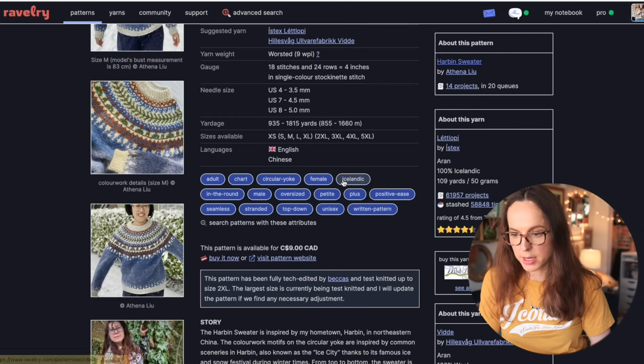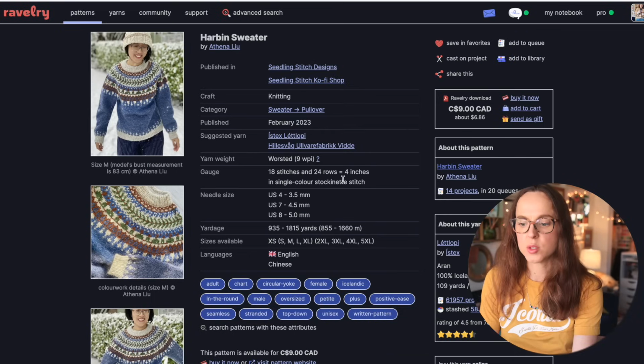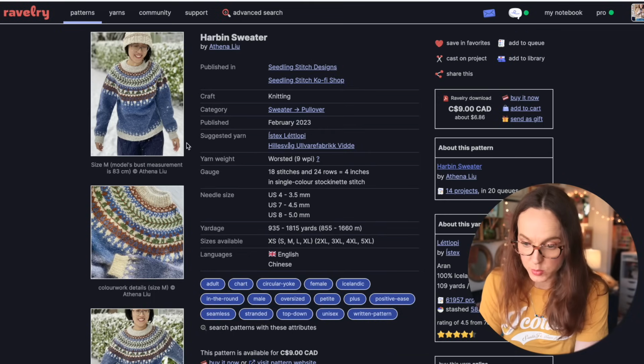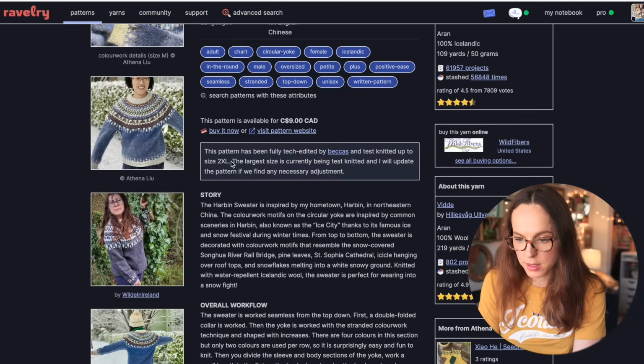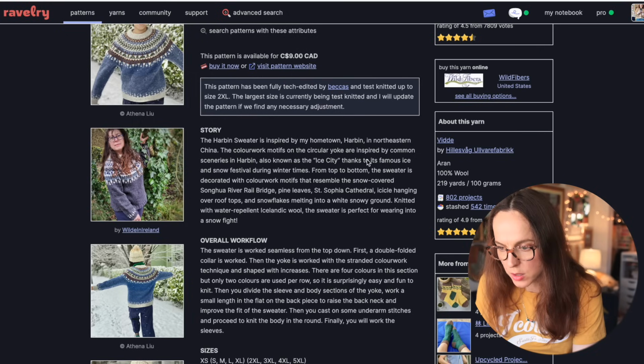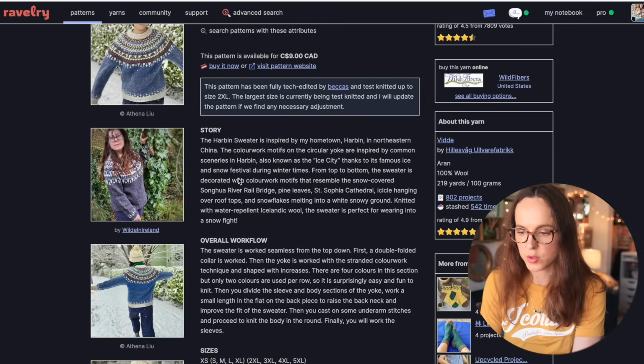Let's see. It's a $9 Canadian dollar pattern. It is knit using worsted weight Lopi yarn. So it is a Lopapeysa style sweater. And I love that. It says the Harbin sweater is inspired by my hometown Harbin in northeastern China. The colorwork on the circular yokes is inspired by common scenes in Harbin, also known as the Ice City, thanks to its famous ice and snow festival during winter times.